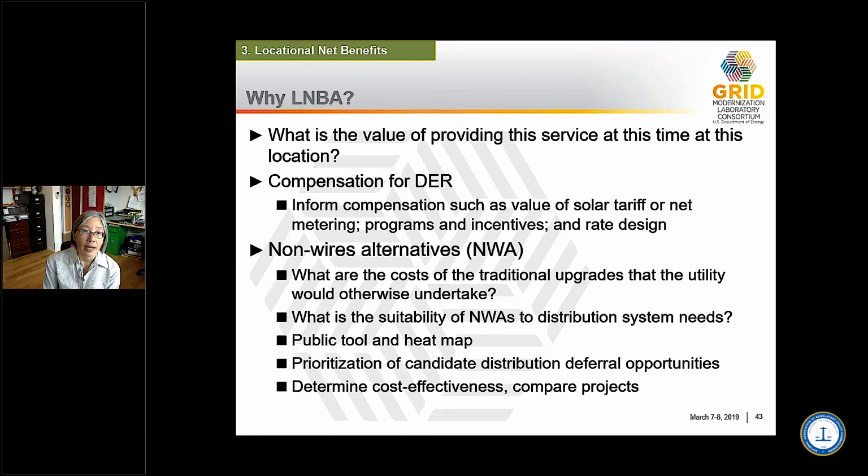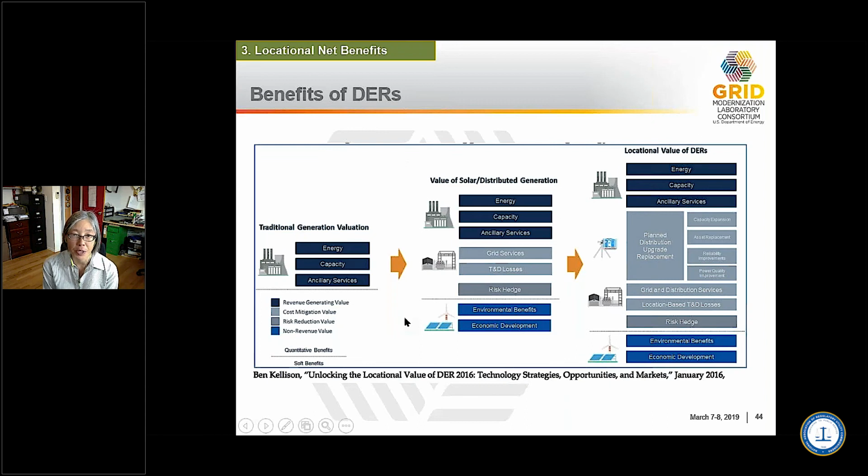So if you go to the next slide, Carrie, these first three slides just talk a little bit about that first piece in terms of informing compensation. So the value stream of traditional generation is shown on the left, and that's really straightforward. You've got energy, you've got capacity, you've got ancillary services. And then when we think about the value of distributed generation, the middle set of bars, you can add that I'm offsetting transmission and distribution losses, and I'm providing some hedge against some risk.